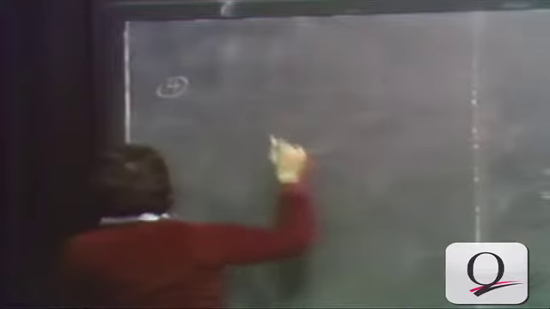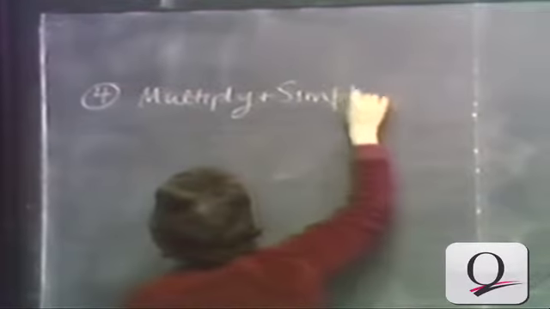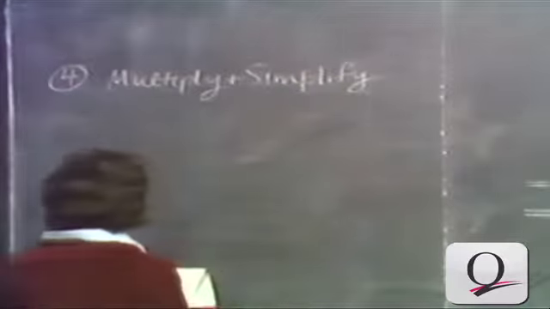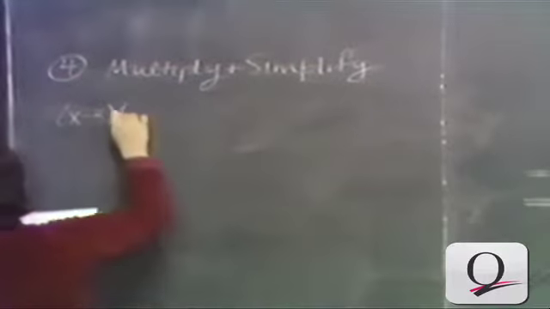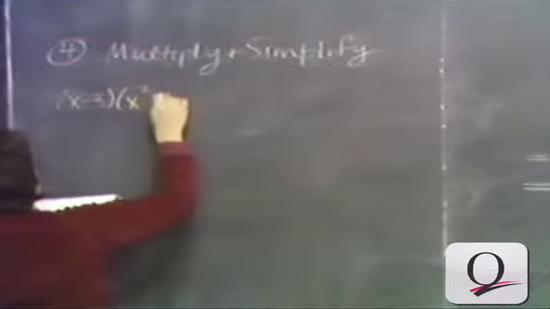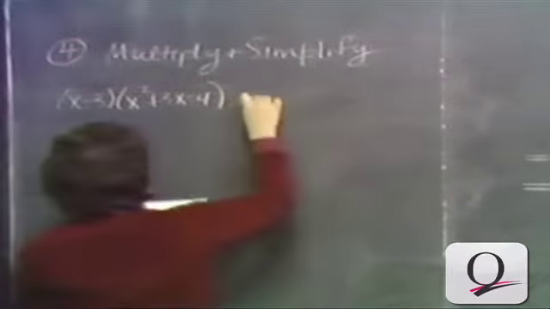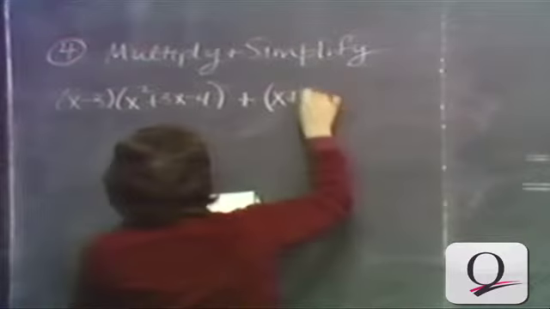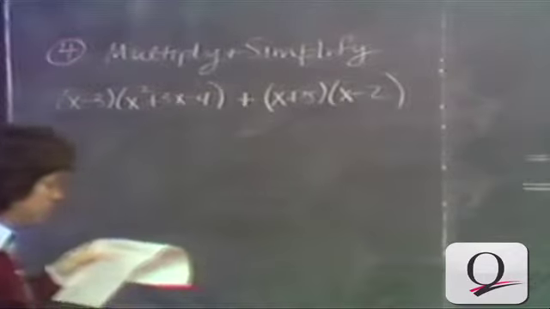In the next problem, problem 4, I want you to multiply and simplify the following. (x minus 3) times (x squared plus 3x minus 4) plus the product (x plus 5) times (x minus 2).